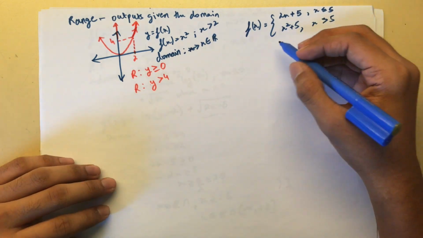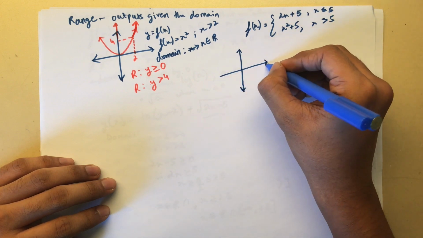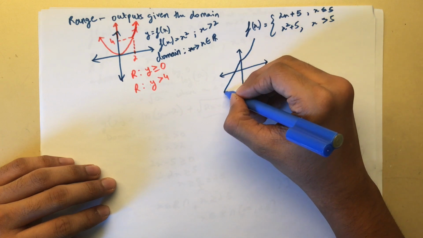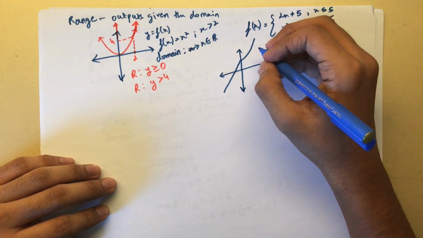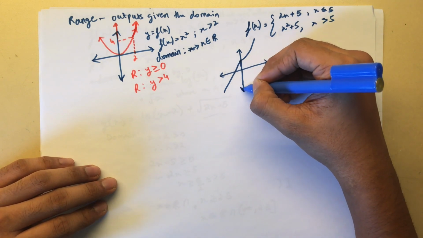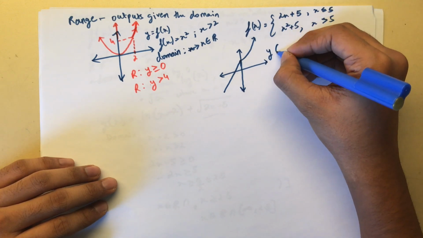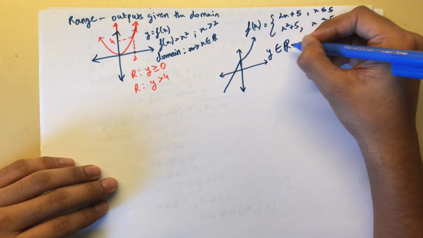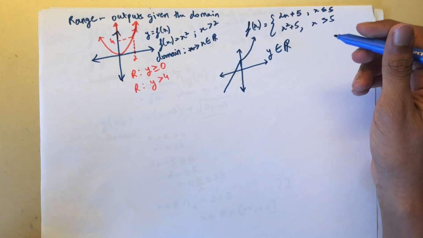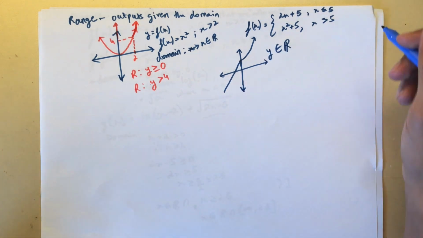Now in this case, the function would look something like this. As of now, you wouldn't need to know how to draw such a function, but let's just assume that this is the function. So now we can see that the range goes all the way from negative infinity to infinity, and so we can say that the range is equal to the real number line. So you can see that using the graph of the functions, we can find the specific ranges at different points.